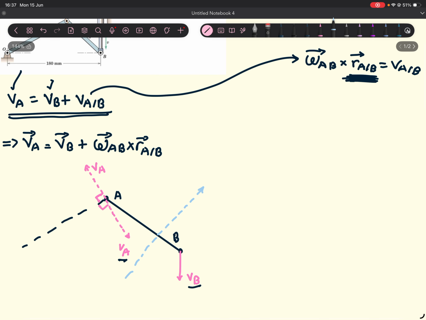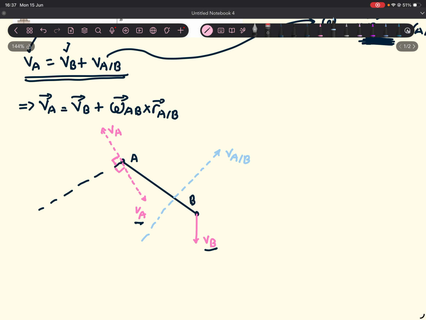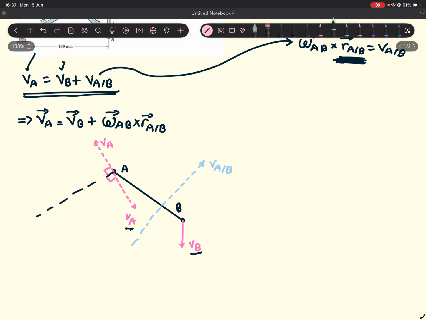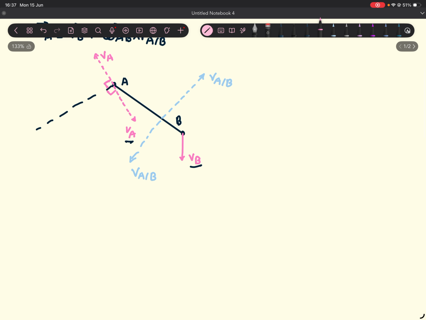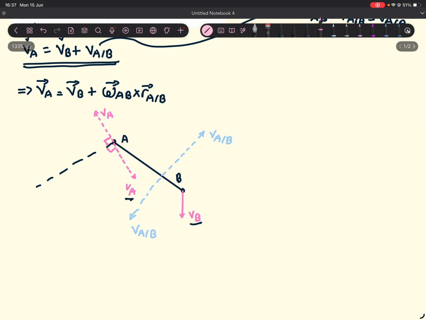So we're going to have VA relative to B, and again it could either go up or it could go down. Cool. Then when drawing our vector triangle, what I like to do is look at the vector that we know the most information about.